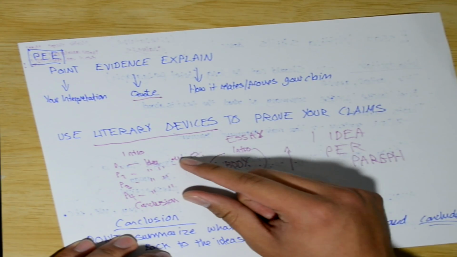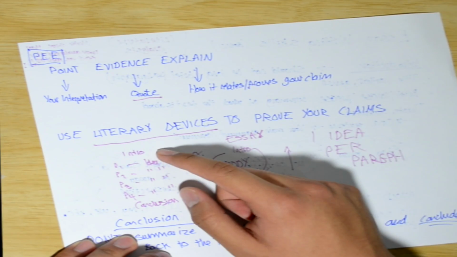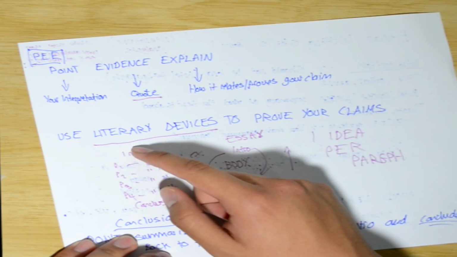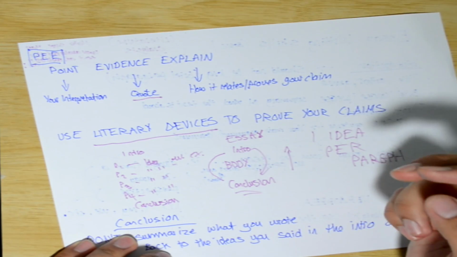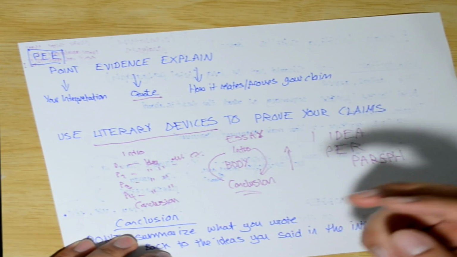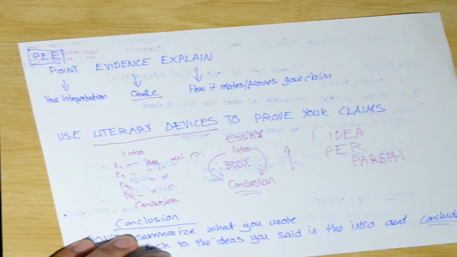And at the end, you should have chosen ideas relevant to your thesis statement, and in the conclusion you return to that thesis statement and talk about how it is correct, or how it's been proven. There are certain guidelines you need to avoid in the conclusion.